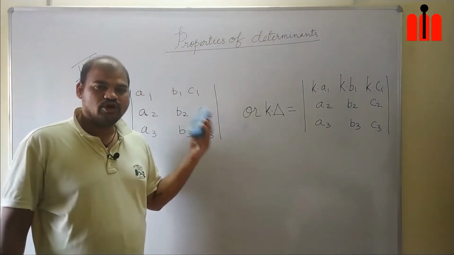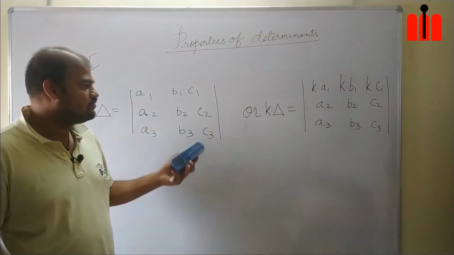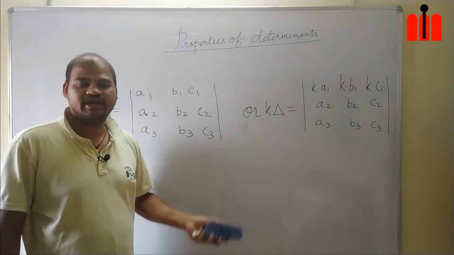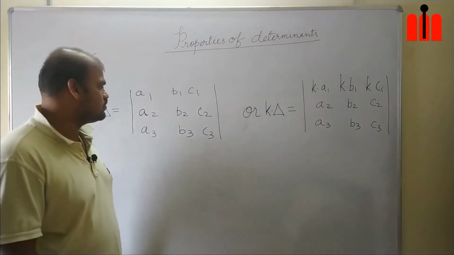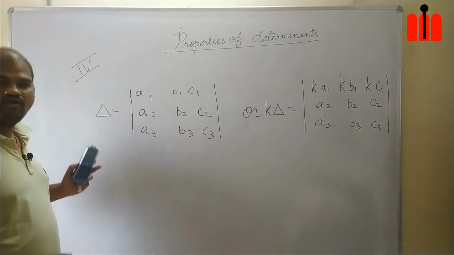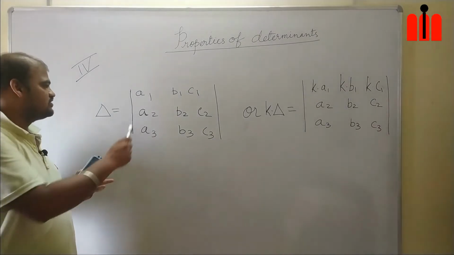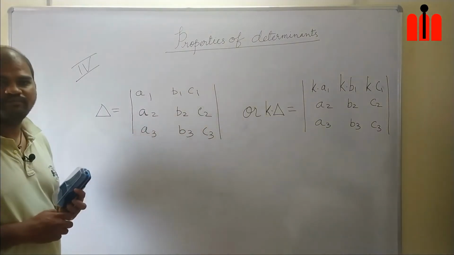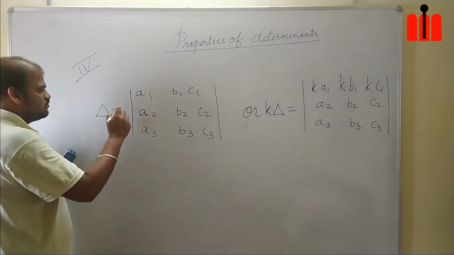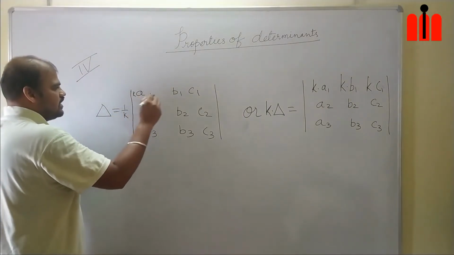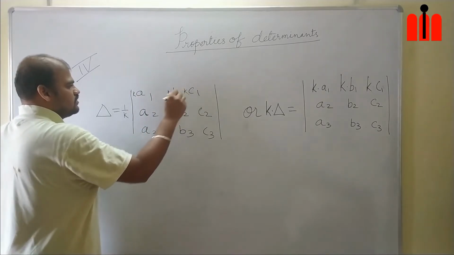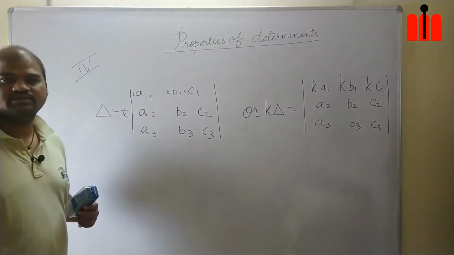We are learning all these properties because we have to use this multiplication while solving our problems. Suppose this is my determinant and I want to transform my elements into multiples. Then I can use this property: I can write 1 by k outside and multiply k with my row elements.